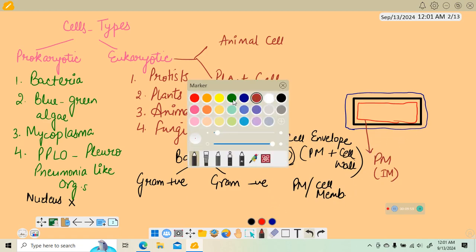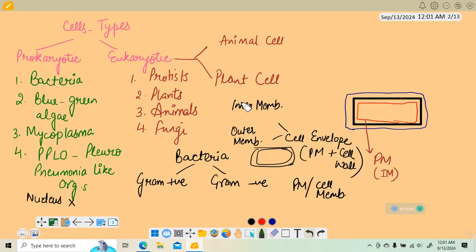After the plasma membrane comes the cell wall. This is the cell wall here.